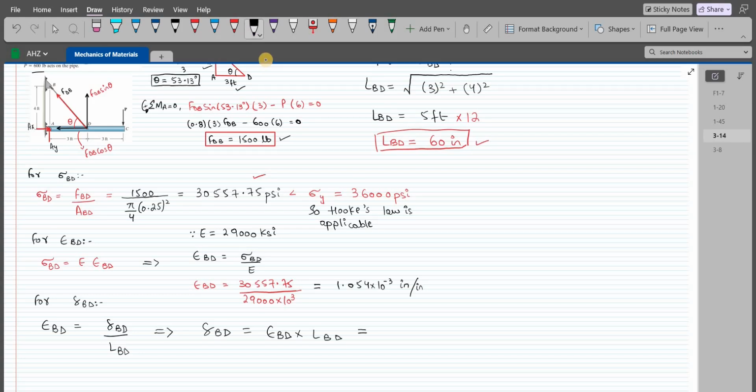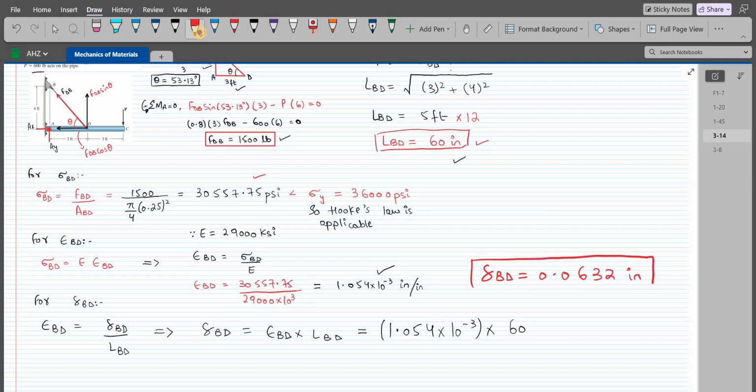So we have 1.054 times 10 to the negative 3, into 60. The stretch BD comes out to be 0.0632 inch. So this is our final answer.